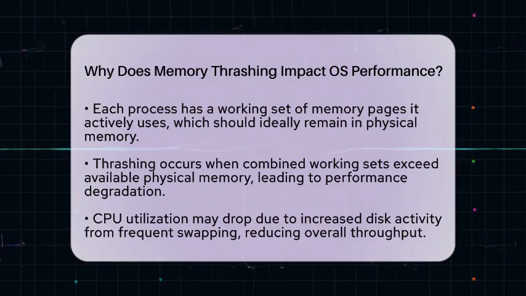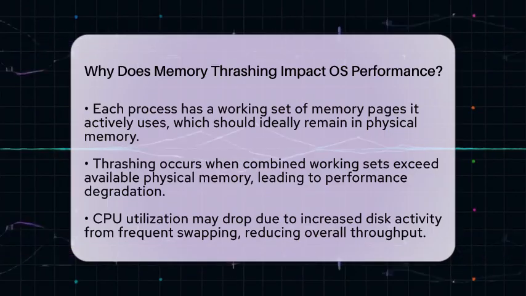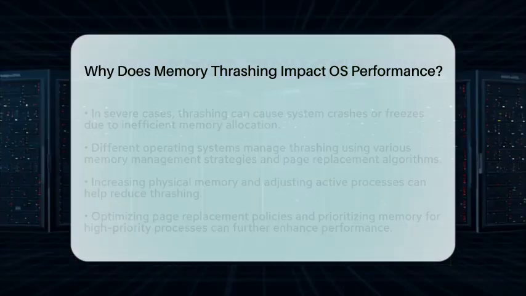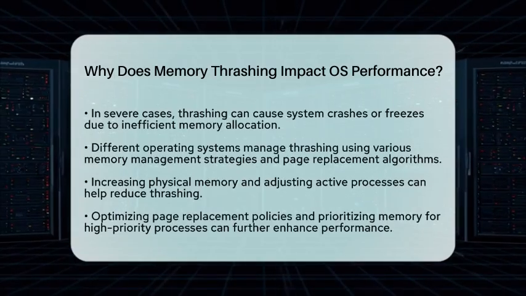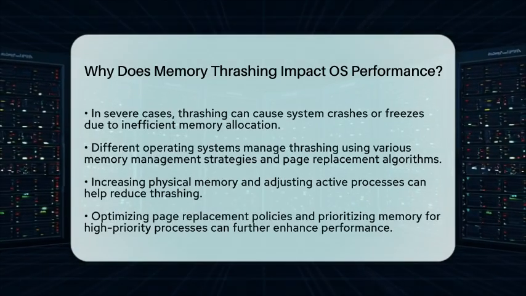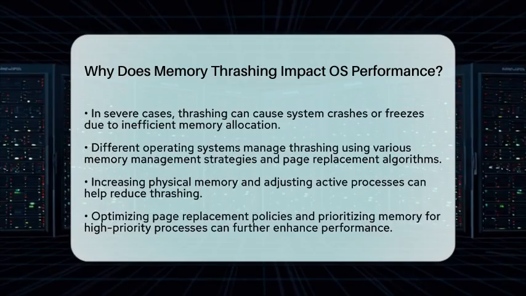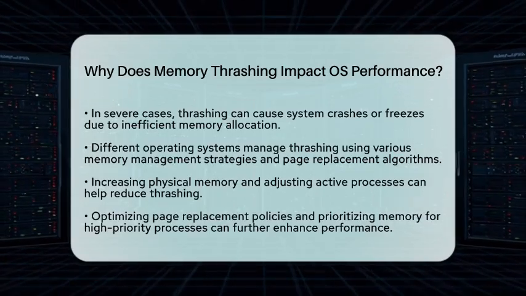Different operating systems handle thrashing in various ways, depending on their memory management strategies. Major operating systems like Microsoft Windows, Linux, and macOS utilize virtual memory and page replacement algorithms to manage memory. However, their effectiveness can vary based on system configuration, workload, and available RAM.